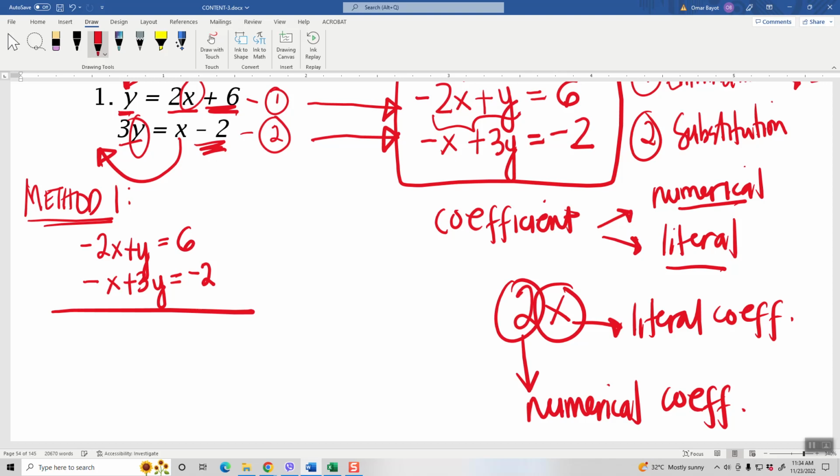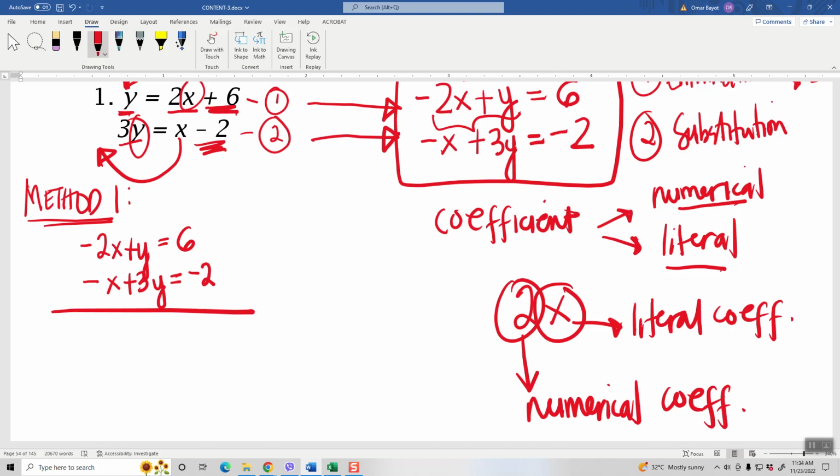Okay? So, if I'm going to ask you what is the numerical coefficient of 2x, your answer must be 2. If I'll ask you what is the literal coefficient of 2x, then your answer must be x.